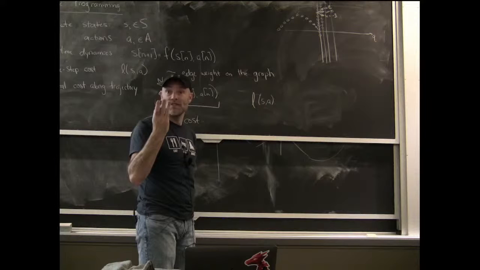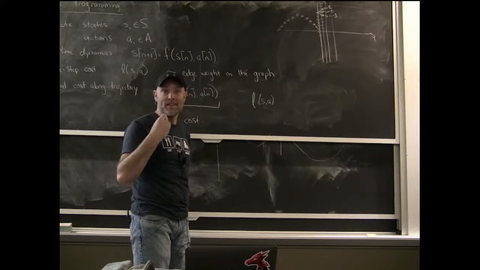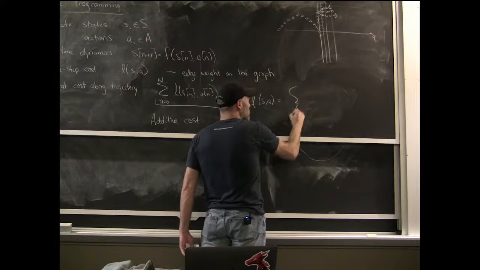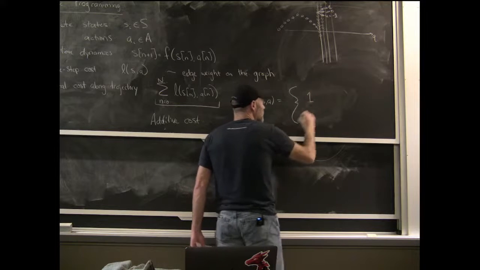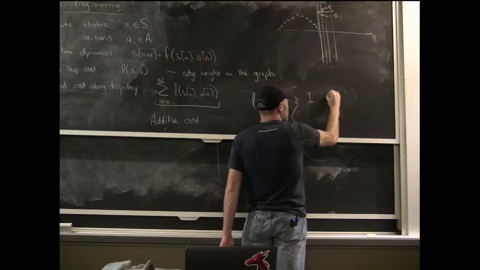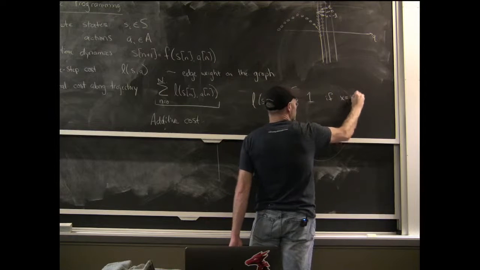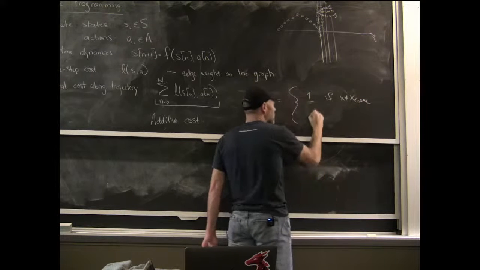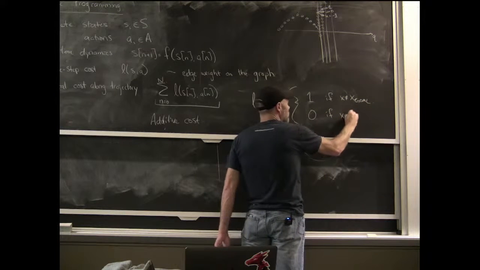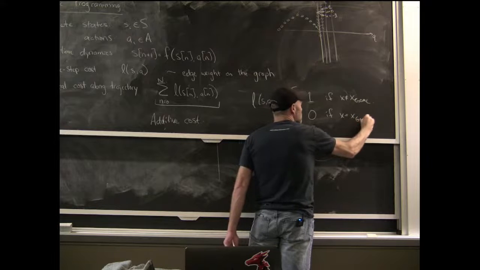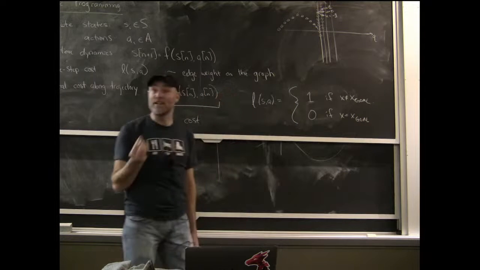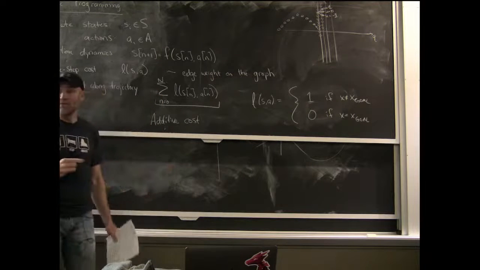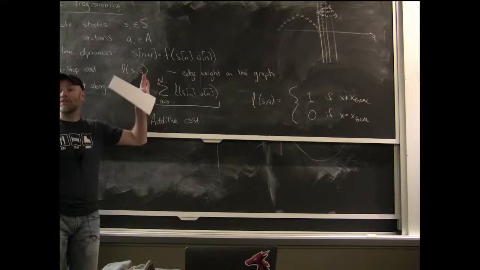The cost function is very simple. I'm going to incur a cost of 1 if x is not equal to x goal, and 0 if x equals x goal. That is an additive cost, and the graph in the minimum time problem could just have 1 everywhere.